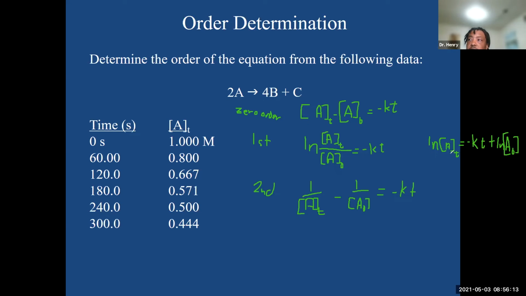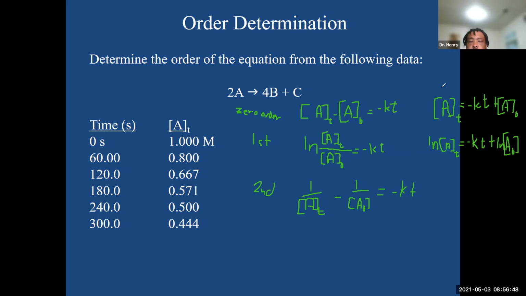So in this case, we're going to have our y being the ln A_t. This case is simple: y equals the concentration, so it's just what it is, A_t equals negative kt plus the concentration of A naught.